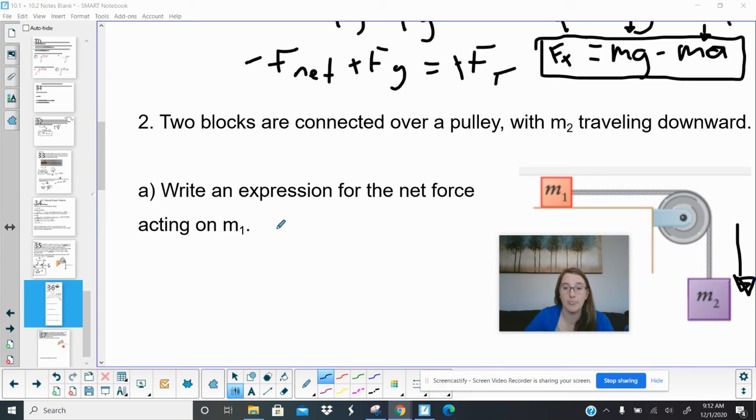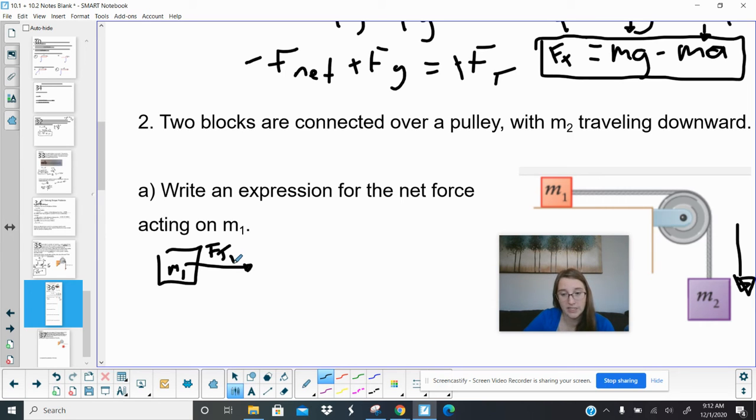Before we do that, we need to draw a free body diagram. Take mass 1 and go ahead and draw on mass 1 any forces acting on it in the direction of motion. Okay, well, we just have force tension. I'm going to say this is force tension 1.